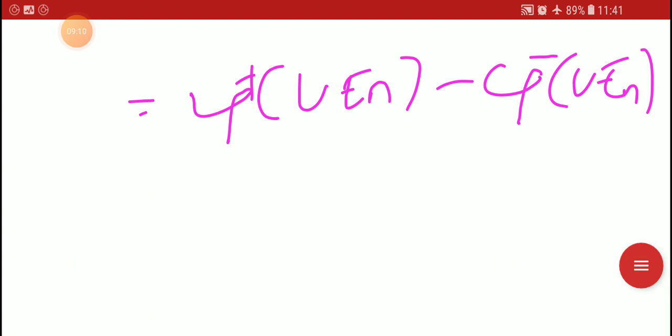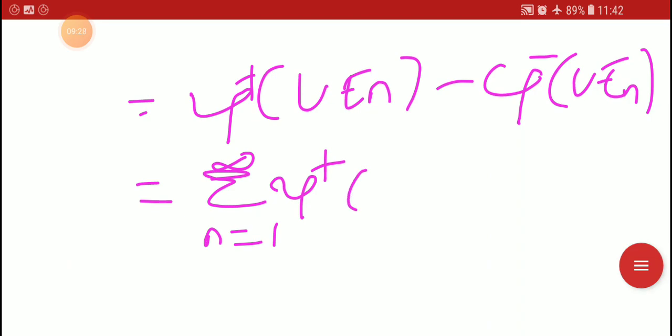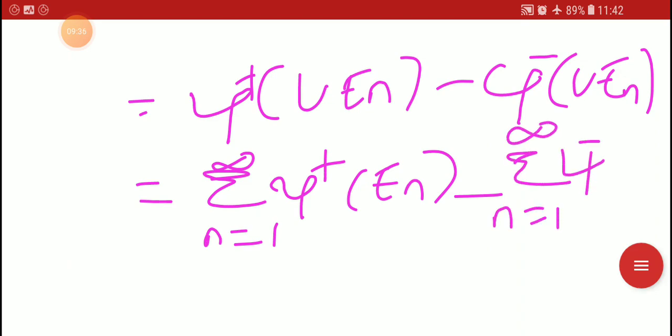Okay, then psi plus is measurable, so this is again written as summation n equal to 1 to infinity of psi plus E_n minus summation n equal to 1 to infinity of psi minus E_n. We can represent it like this: psi plus of union E_n. What is psi plus? Psi plus is the integral of f plus over E, and psi plus and psi minus are measurable.